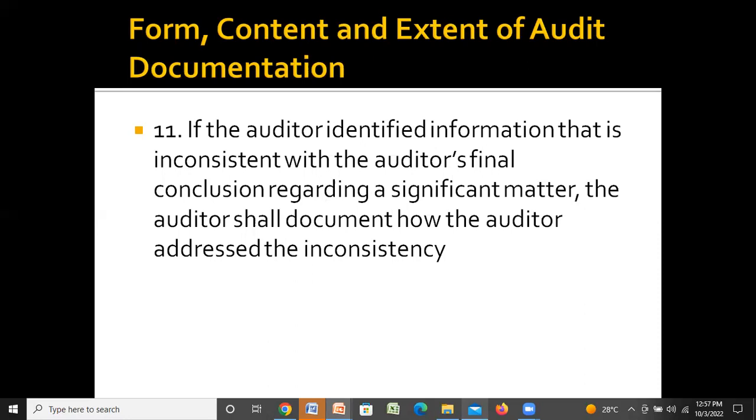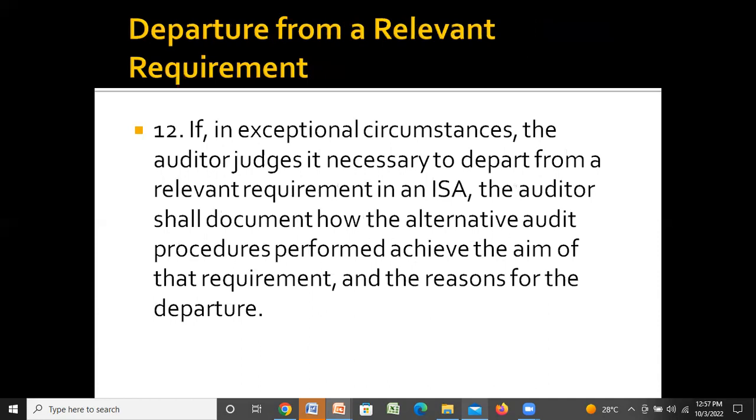Maybe the books have been prepared on a going concern basis, but along the line, somebody gives you a kind of suspicion. We talked about professional skepticism. Now this company might not exist beyond the next 1 year. You have to document it, and address that inconsistency. So that is what paragraph 11 is talking about.